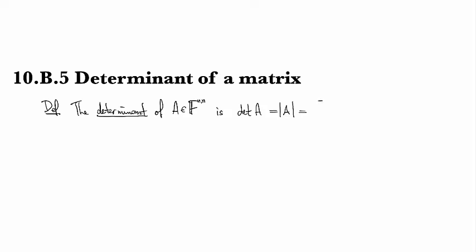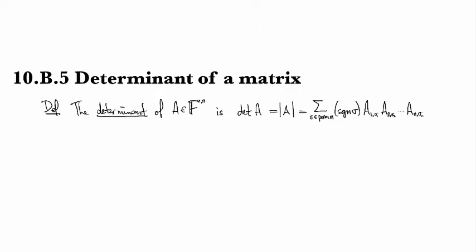So the official definition is, it is going to be a sum over the set of permutations of length n, and for each term we have the sign of the permutation, and then we multiply it against the entries a sub 1 sigma 1 times a sub 2 sigma 2 times and so forth out to a sub n sigma n.